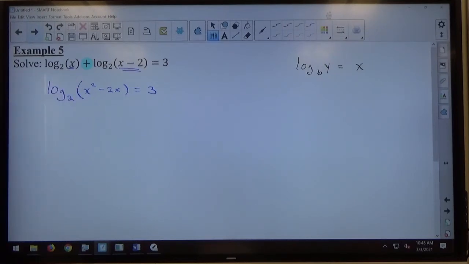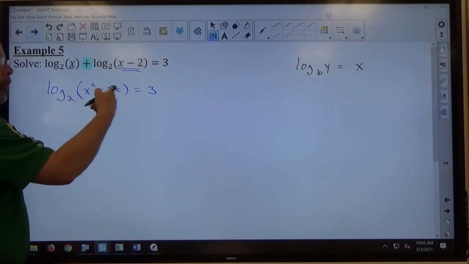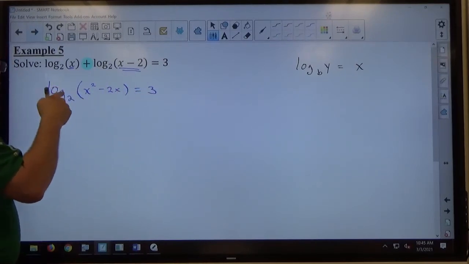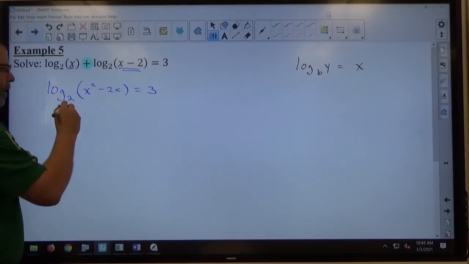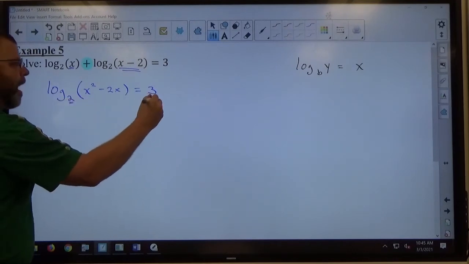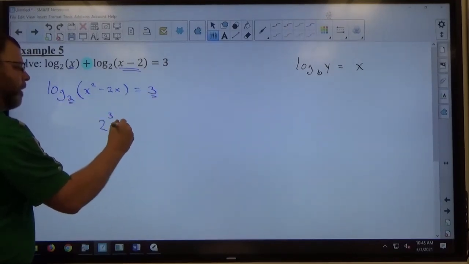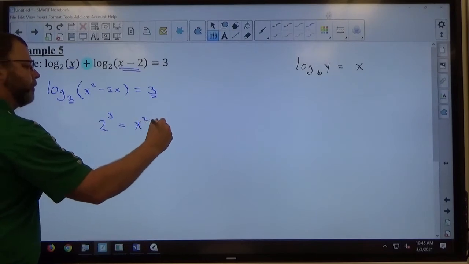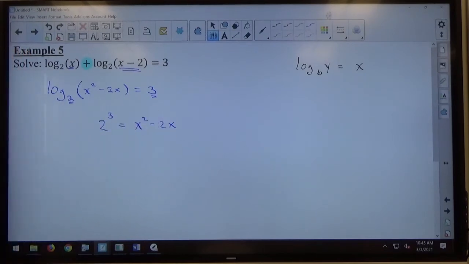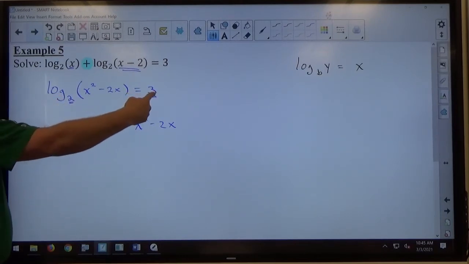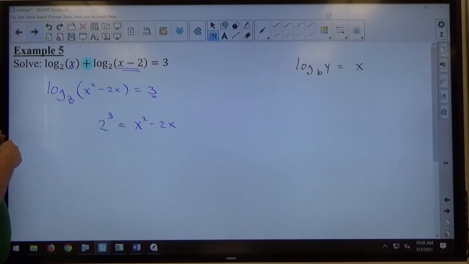So, at this point, if you have log equals a number, then we just transform to exponential form. It's going to be 2 to the third power equals the argument. We change out of logarithmic form into exponential form: the base of the logarithm raised to the power the logarithm equals is equal to the argument.